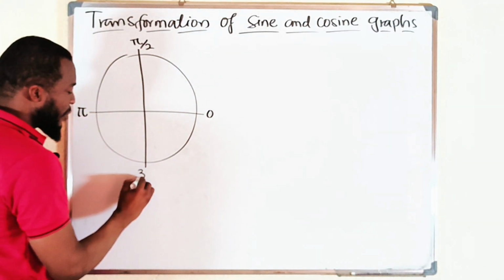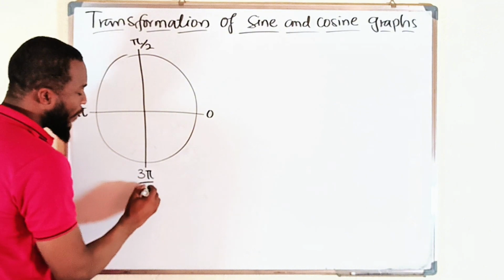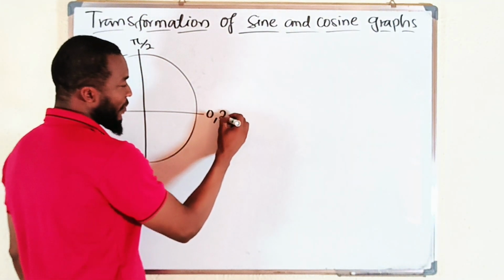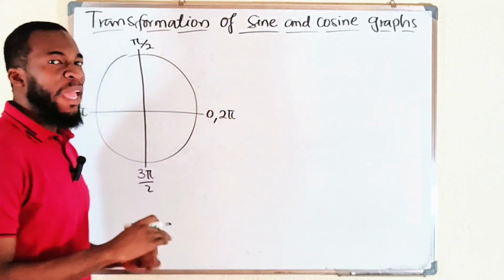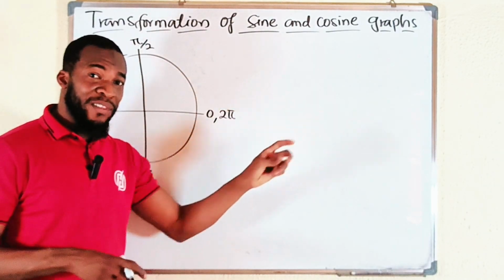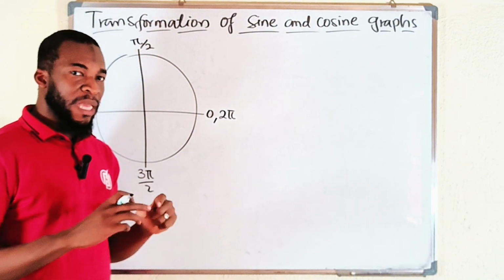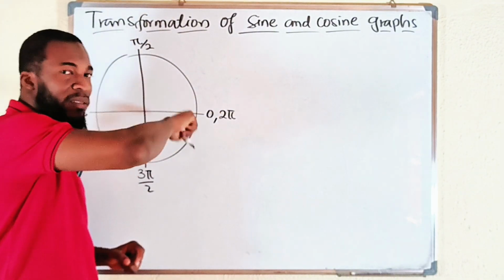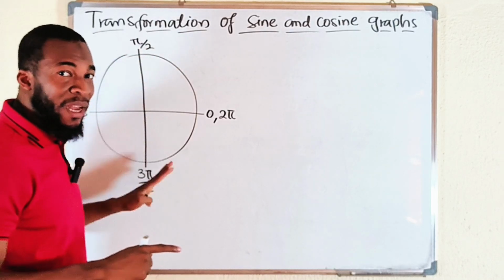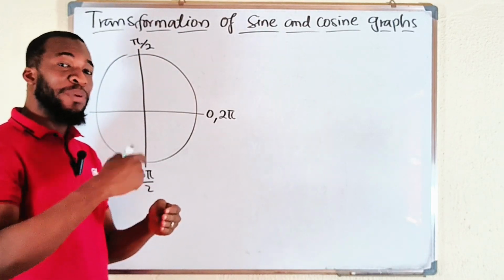This is 3 pi over 2 or 270 degrees. If you come down here, you have 2 pi. This is a complete cycle in the unit circle. But on a graph, this is what we call a period. A period means a complete cycle before you take a turn, because we have other coterminal angles.